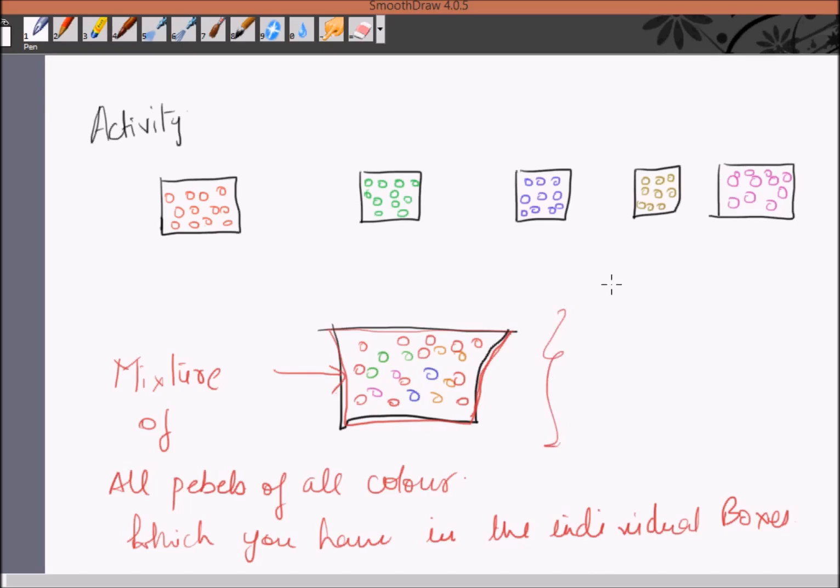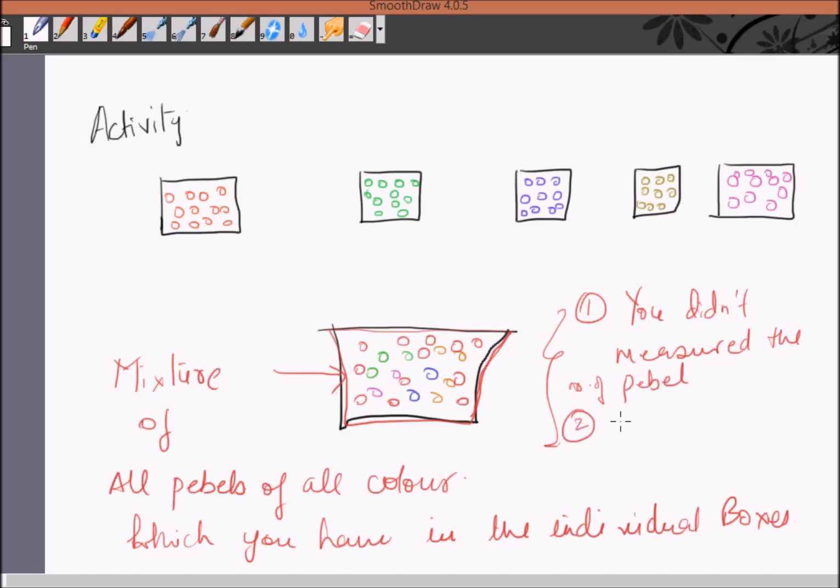So what will be the characteristics of this when you actually start the activity? Did you see the actual characteristics of the mixture? First, you didn't measure the number of pebbles when you were putting them in the main box.